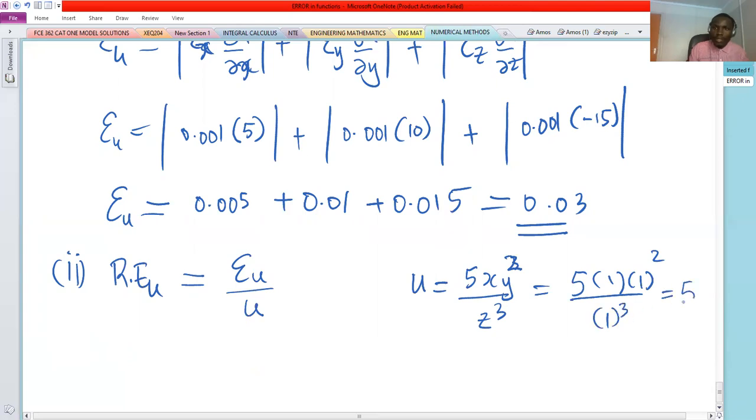So this just gives us 5. Therefore, the relative error in u will be the error in u, which is 0.03, over u, which is 5. And this gives us 0.006.